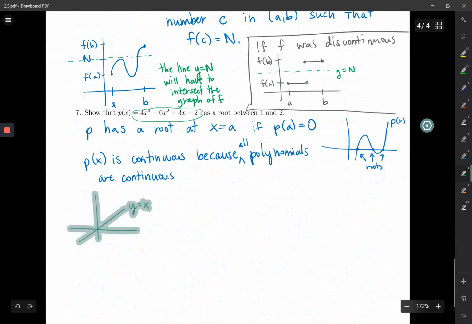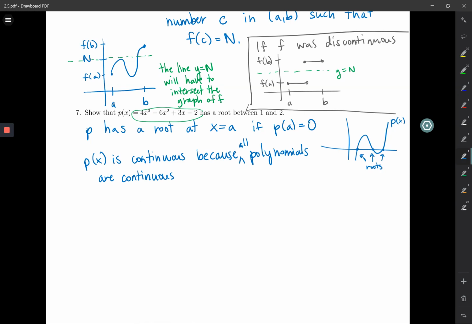Okay, so we have a continuous function, and we just want to show that basically on one side of the interval the function is negative, and on the other side of the interval the function is positive.